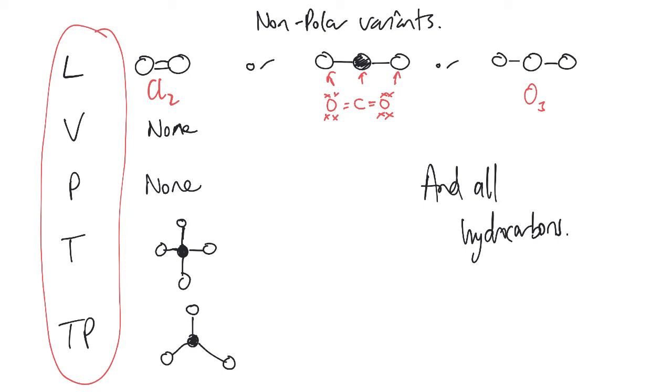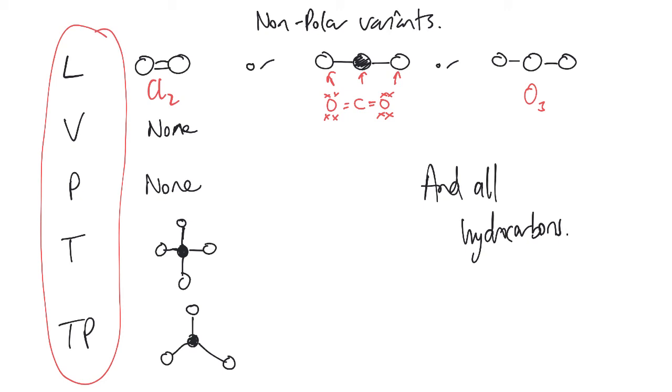Same with the trigonal planar: if you have 1 in the center that is different and something else on the outside, that's going to be polar, so you don't have to think about that. These are the non-polar variants, as well as all hydrocarbons, no matter what shape they are. They're all going to be non-polar for all intents and purposes.